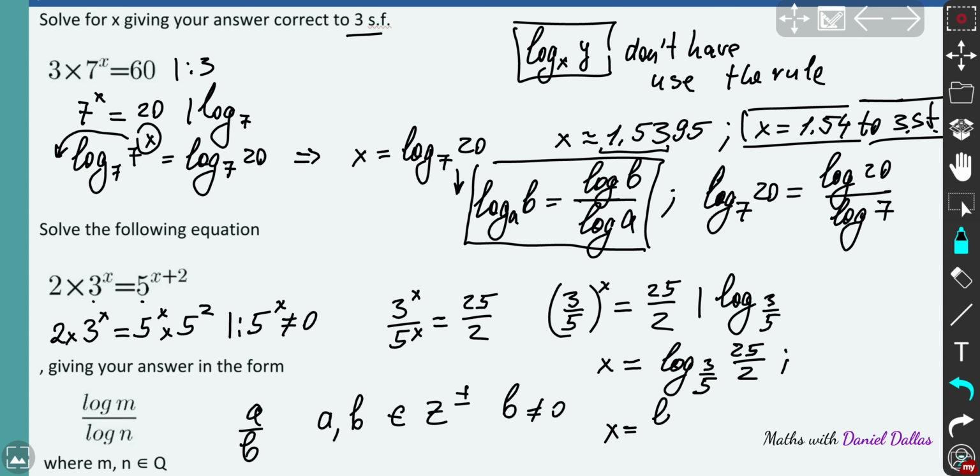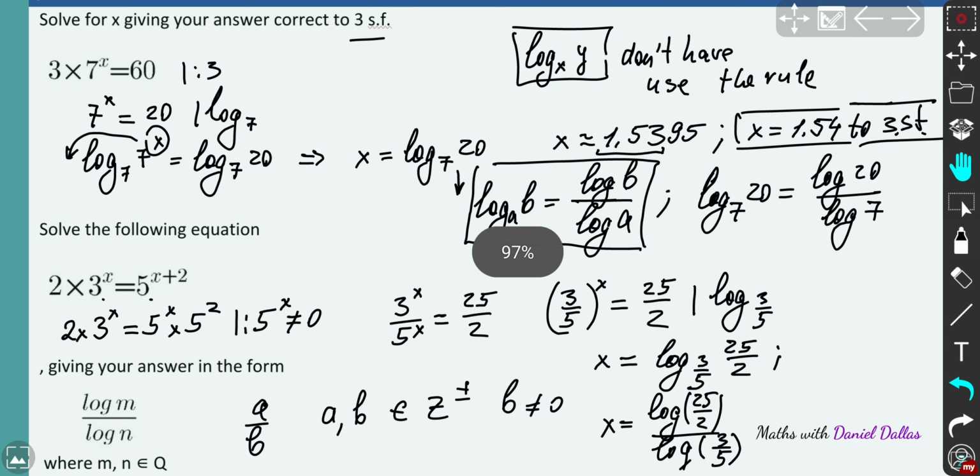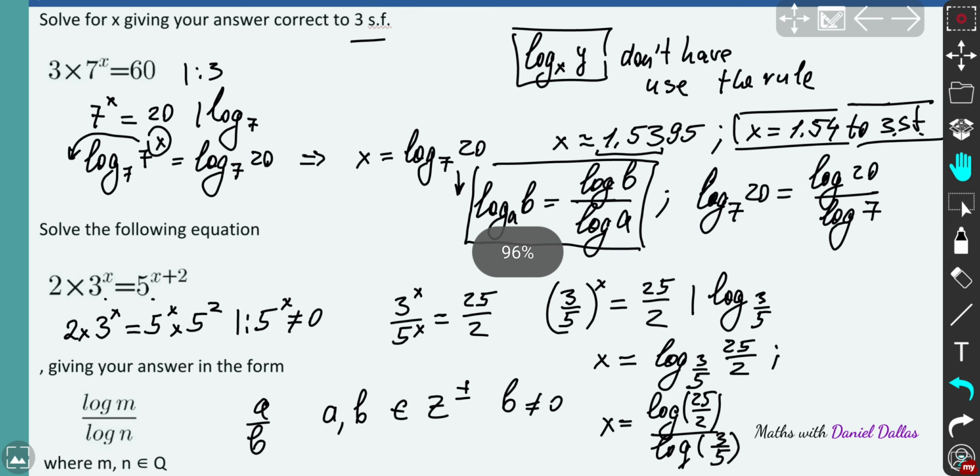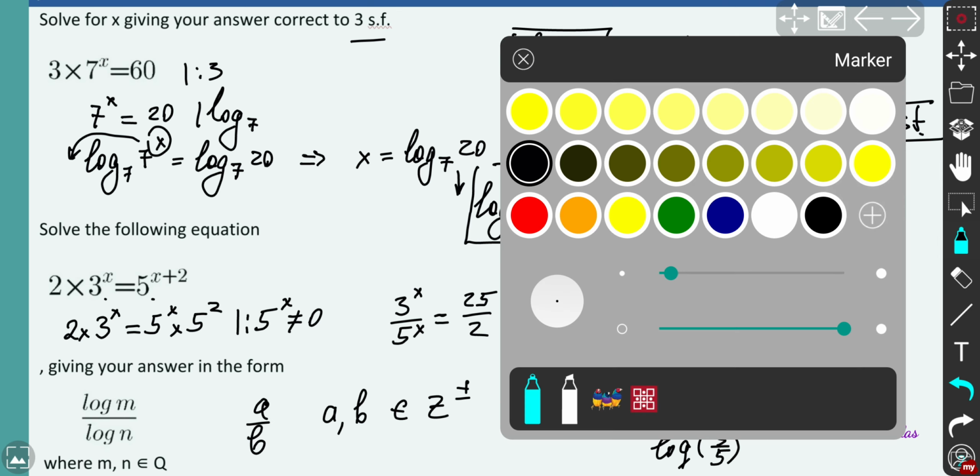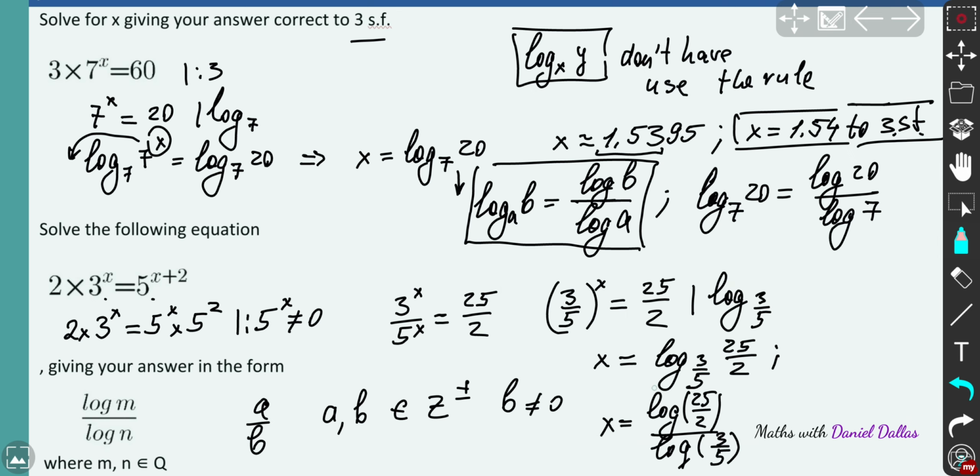We'll get log with the base 10 of 25 over 2, and we just simply divide by the log with the base 10 of the number 3 over 5. Okay, so I just squeeze a little bit. And that's going to be the final answer, because actually we reached our goal.